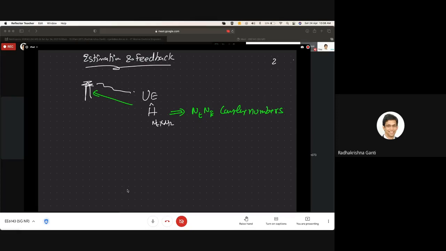For example, if the base station has 32 ports and the UE has 4 antennas, you are talking about 32 cross 4 channel estimation and feedback. That is 128 complex values you have to feed back. Each complex value, if you assume at least 32 bits, is a large amount of data that has to be fed back.